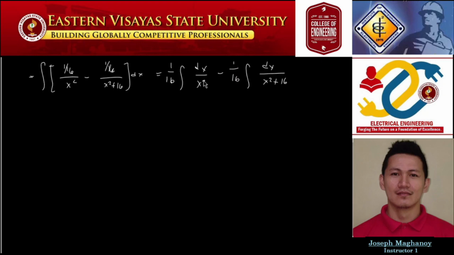Okay, so in our first term, we can use the logarithmic formula right away. So we can write it as 1 over 16 ln of x squared.